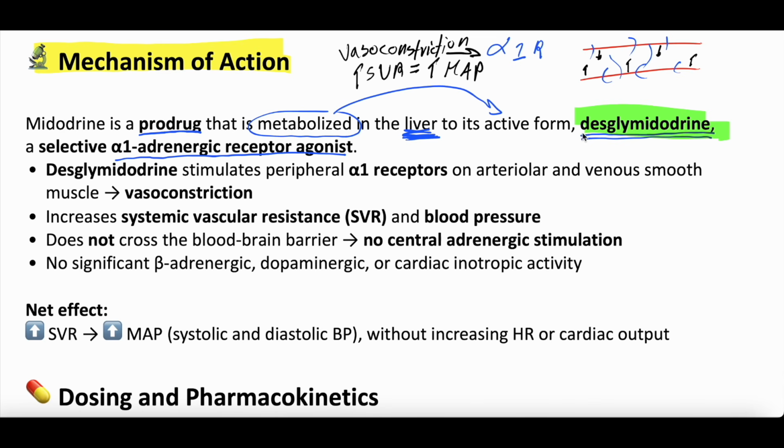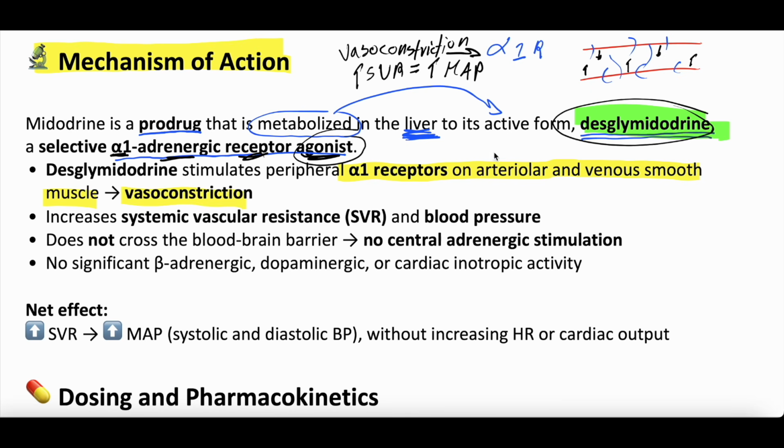So Midodrine's active metabolite, desglymidodrine, being a selective alpha-1 adrenergic receptor agonist, which means it stimulates it, leads to vasoconstriction. All right. So desglymidodrine stimulates peripheral alpha-1 receptors on arteriolar and venous smooth muscle, leading to vasoconstriction.